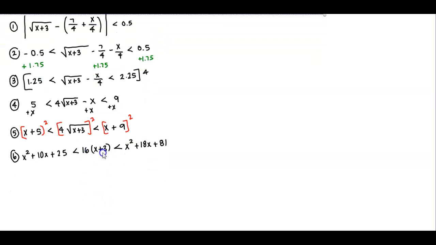So now let's go ahead and distribute that 16. So we have x squared plus 10x plus 25, which is less than 16x plus 48, which is less than x squared plus 18x plus 81.